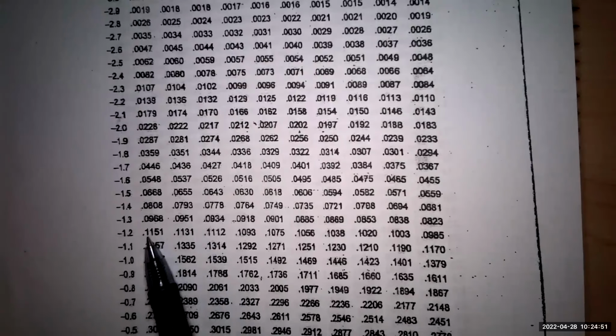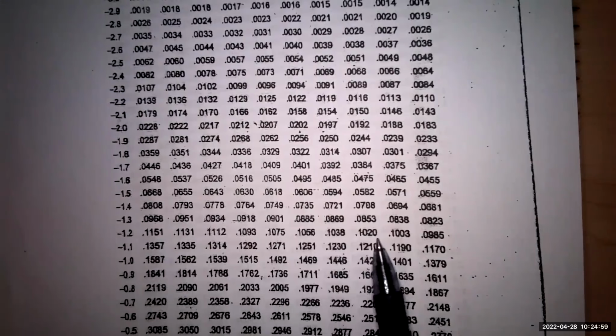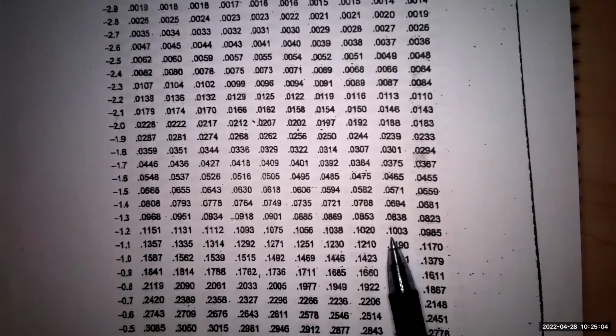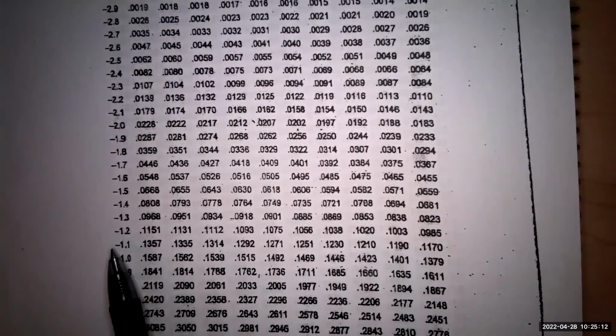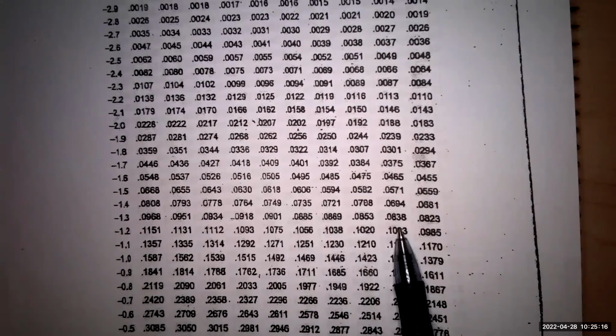You see the 0.1, it starts with a negative 1.2, so it's 0.1011. Try to get it as close as possible. So the closest one is this one, 0.1003. So this is going to be like the 10% that you have, and this corresponds to the z number of negative 1.28.